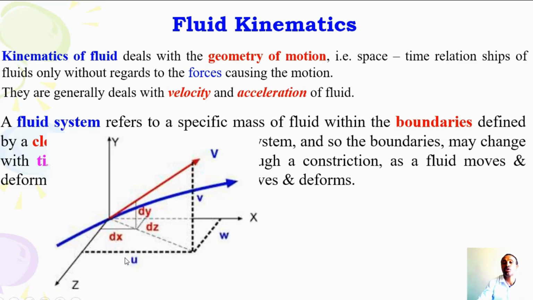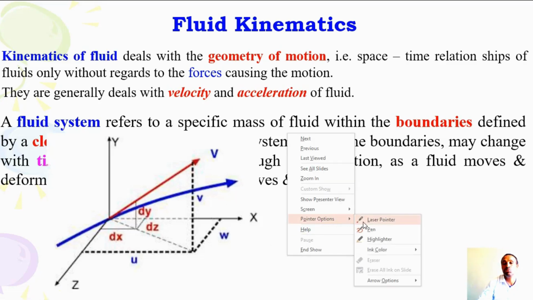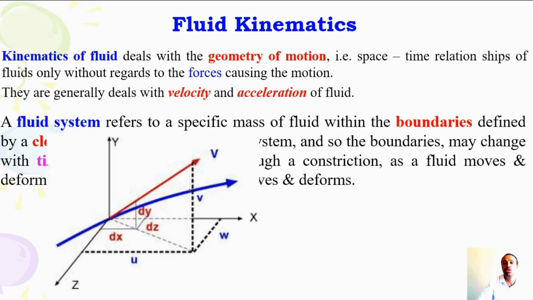You may have u, which is the x direction velocity, w, which is the z direction, and v in the y direction. At any point, at any position, we can find the velocity of this fluid particle.